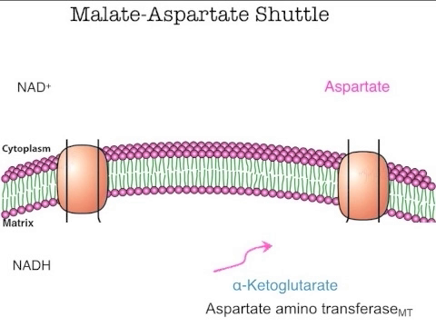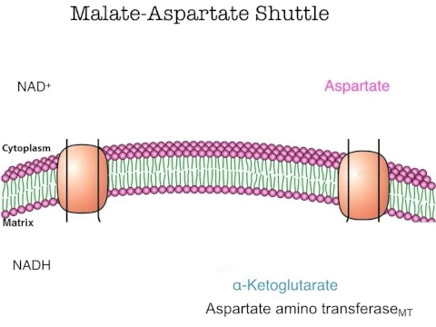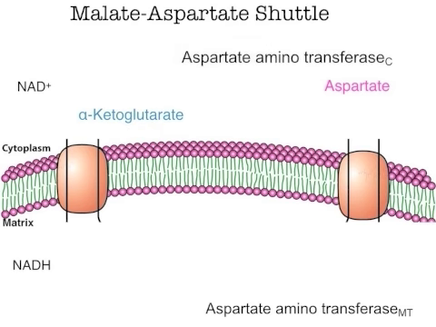So we don't want this to build up either. And what we're going to do is transport this out of the mitochondrial matrix by way of a transporter. Once this alpha ketoglutarate is in the cytoplasm, it can accept an amino group from aspartate to be turned back into glutamate to begin the cycle again.